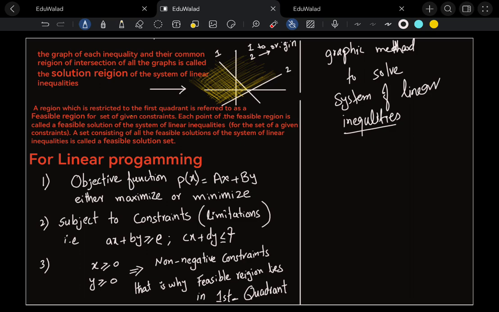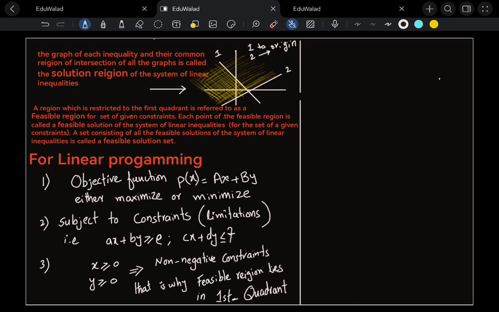So a lot of applications have been discussed, and we want to discuss a specific scenario, and we will solve the scenario and find the answer with the help of these linear programmings and inequalities.